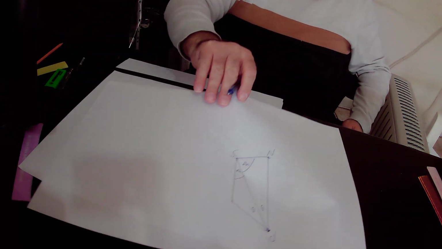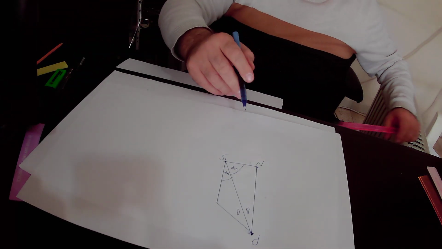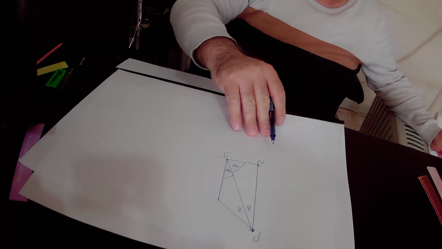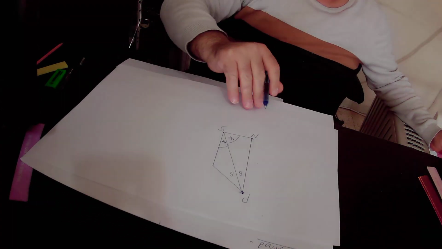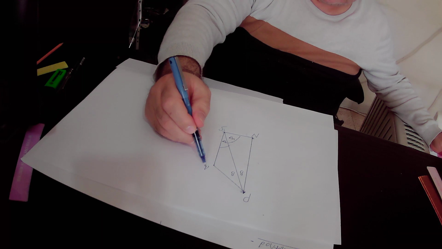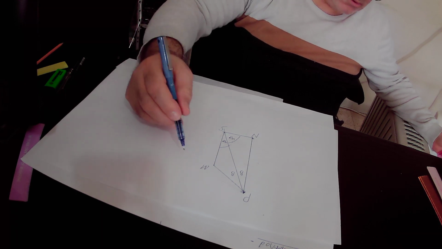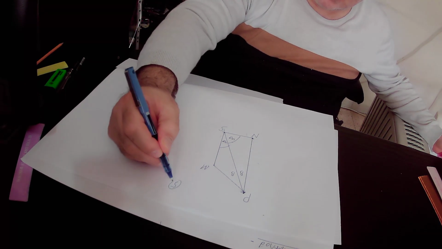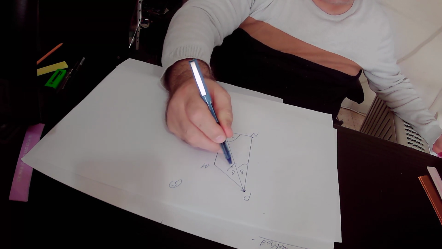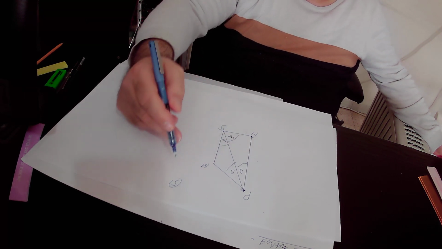Okay, so we will focus on those two triangles, triangle PNS and also triangle PMS. On those two triangles, those two angles are equal to each other, they are both equal to beta.